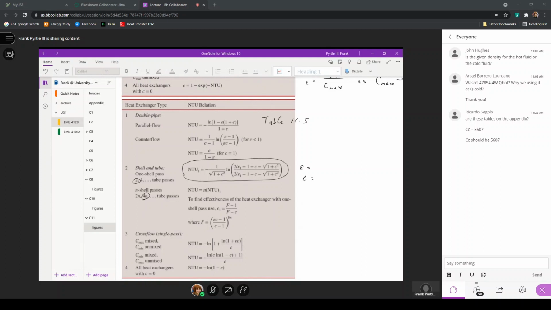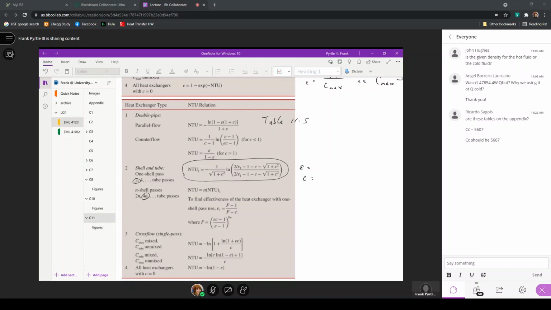Once we substitute those values in, we can solve for the number of transfer units. So again, the only thing that we have to substitute in is the effectiveness and the capacity rate ratio to find NTU.